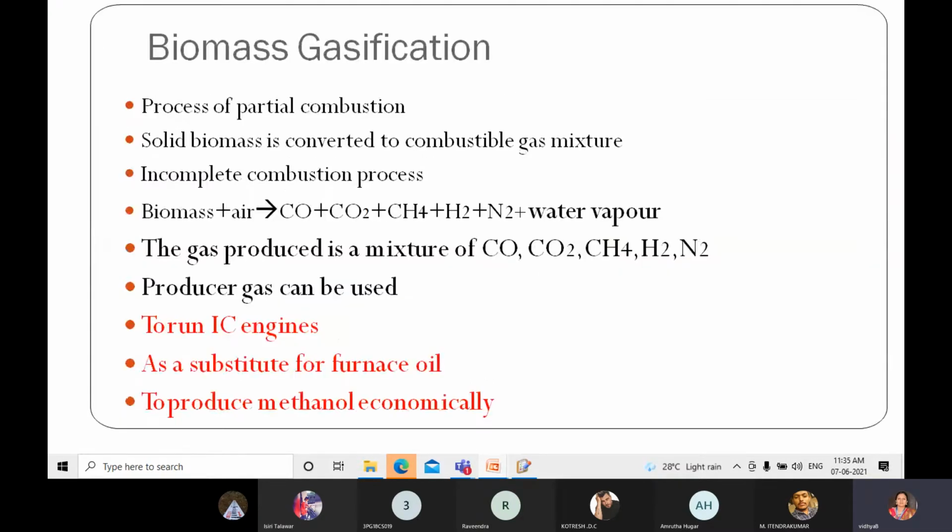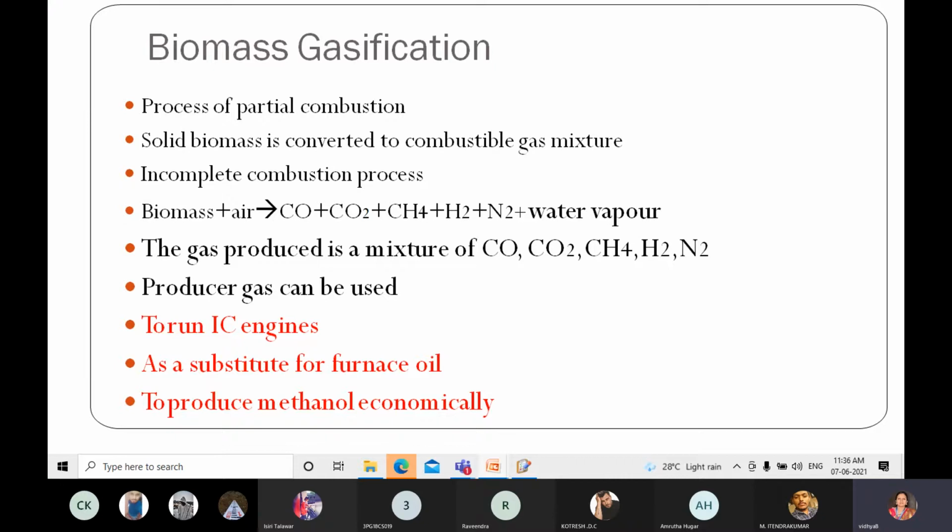Next is biomass gasification. Biomass gasification is nothing but a process of partial combustion, an incomplete combustion process, in which solid biomass is converted to a combustible gas mixture. From biomass plus air, the output we get is carbon monoxide (CO), carbon dioxide (CO2), methane (CH4), hydrogen (H2), nitrogen (N2) and water vapor.